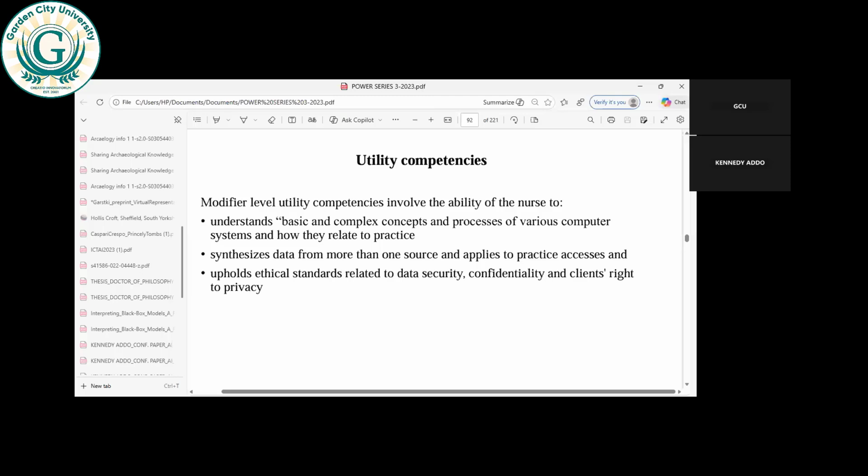And when we want to do away with cybersecurity threats, people with malicious intentions to gain access to patient information, people who do not have authorization and want to gain access to patient records, we should be able to mitigate that by instituting the right security framework or governance that will ward off some of these intruders. And that is from the utility competency.